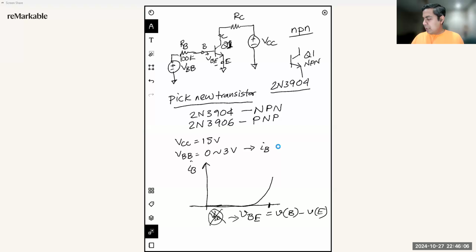And this should be around 0.7 volts. This curve will give you the base current with the applied VBB.